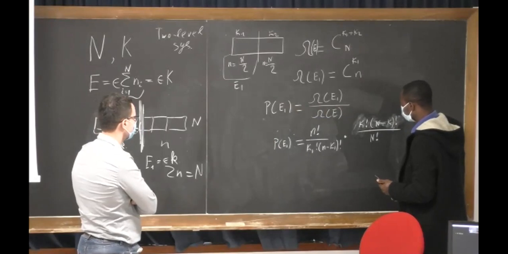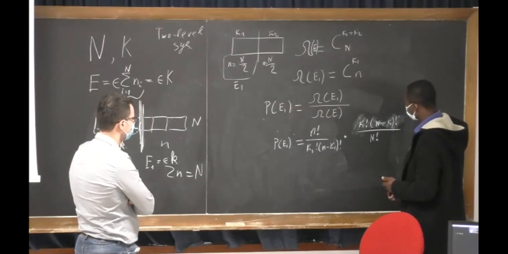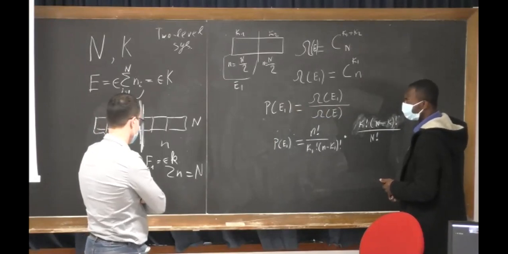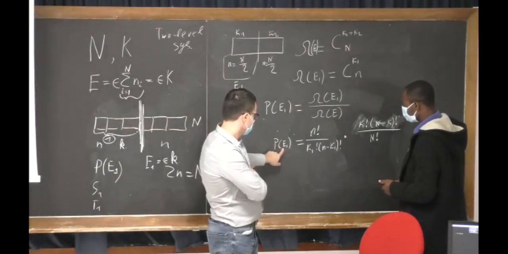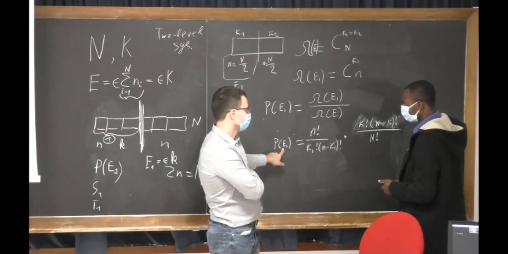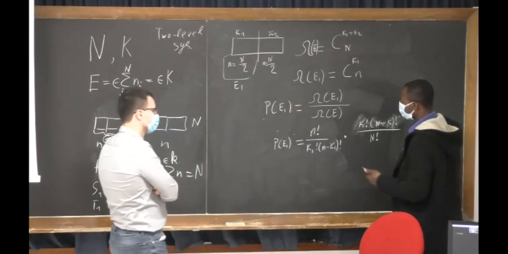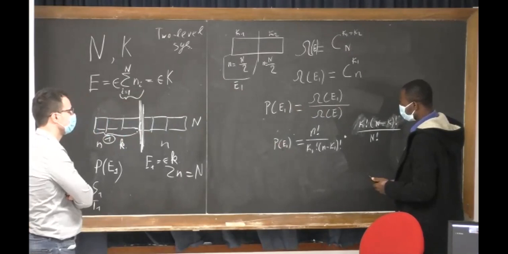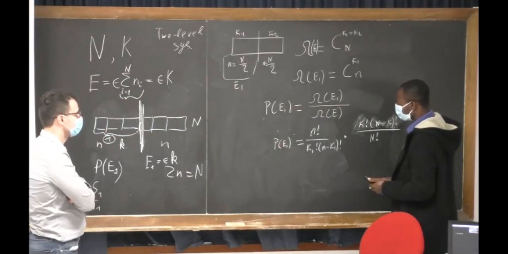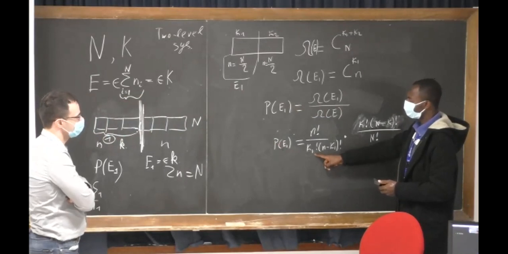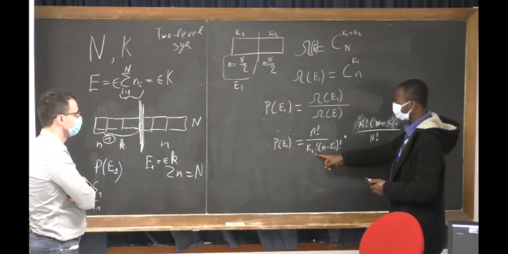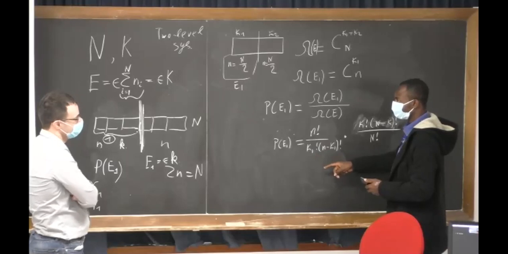Then just replace K with epsilon. So K1 is E1 divided by epsilon. That's it, right? Yes. Since this is the factorial, E1 divided by epsilon will give you an integer value.